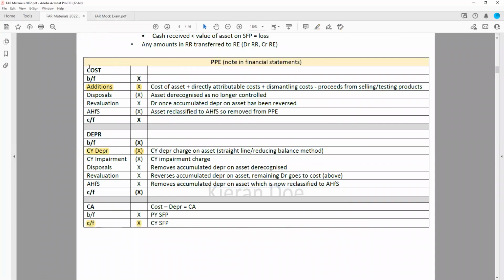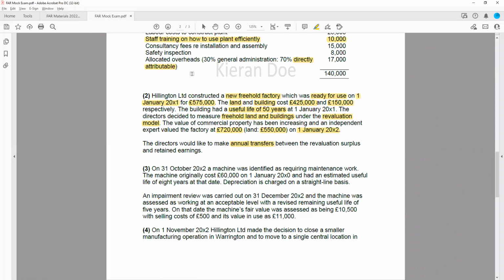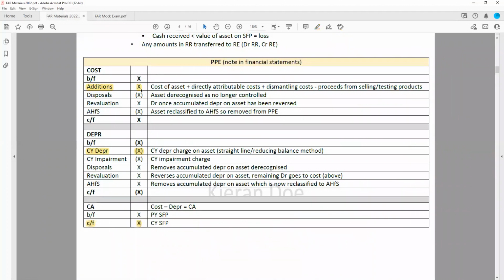You'd obviously have it for all of the assets. This is one note for all of the assets, but if you think about this specific asset, we'd have the addition of the 575, because that's the year it was purchased. So this is thinking back to X1, depreciation for the current year, and then we'd have the carried forward amount for that asset.